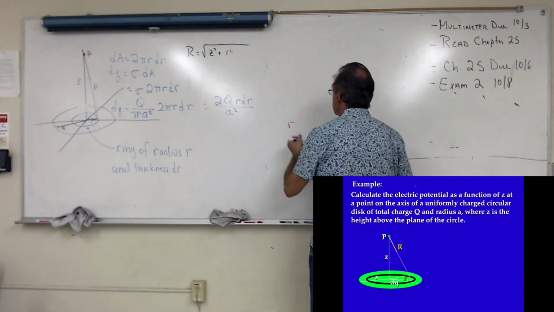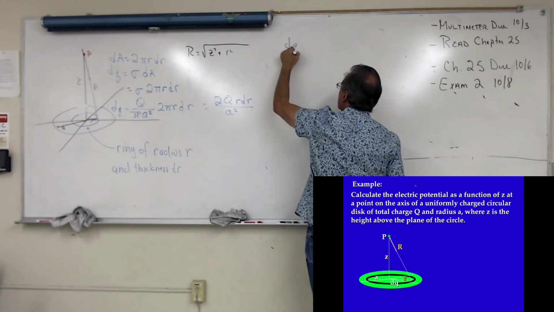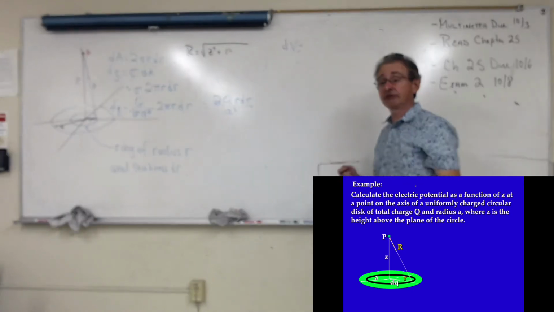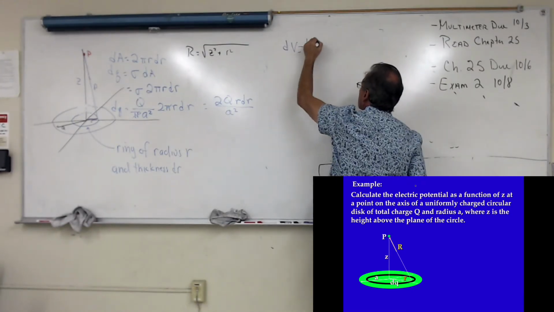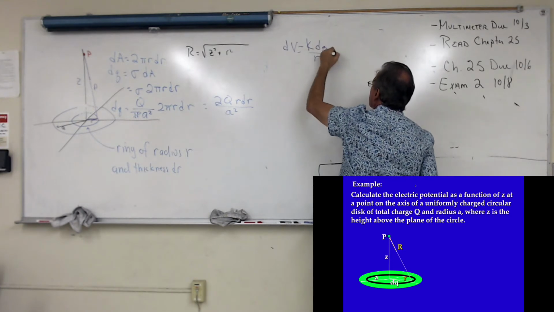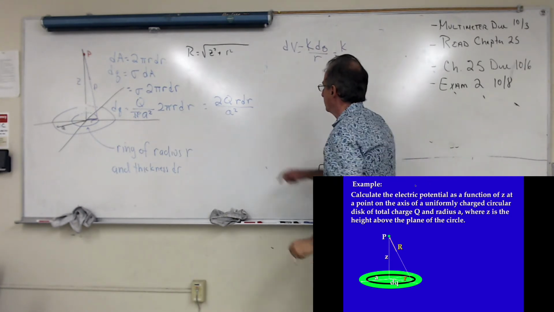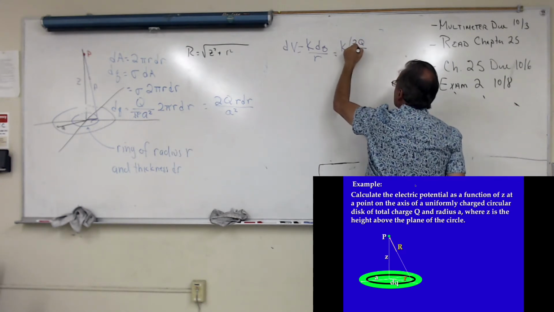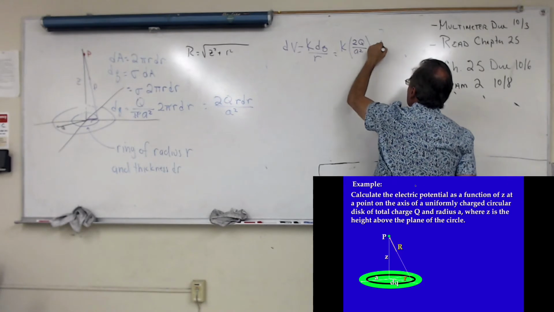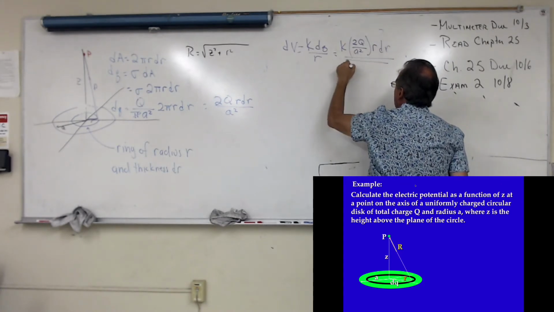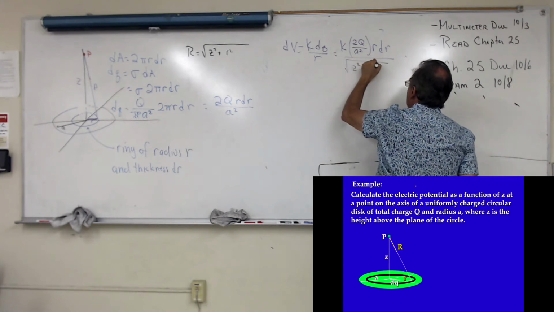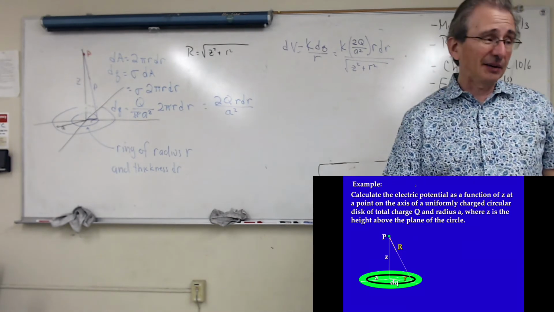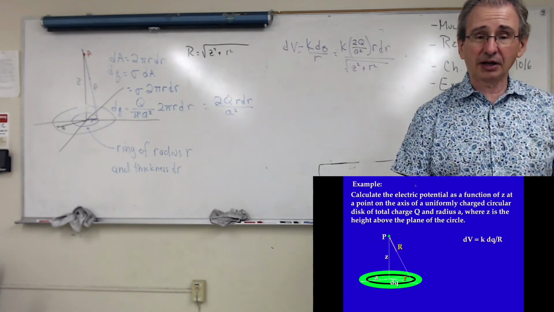So then my dV is k dq over R, and once I have that set up, I have to integrate over all the rings that make up that disk.